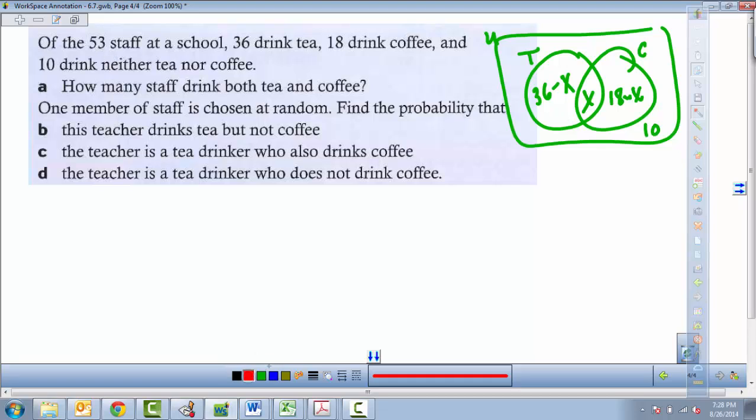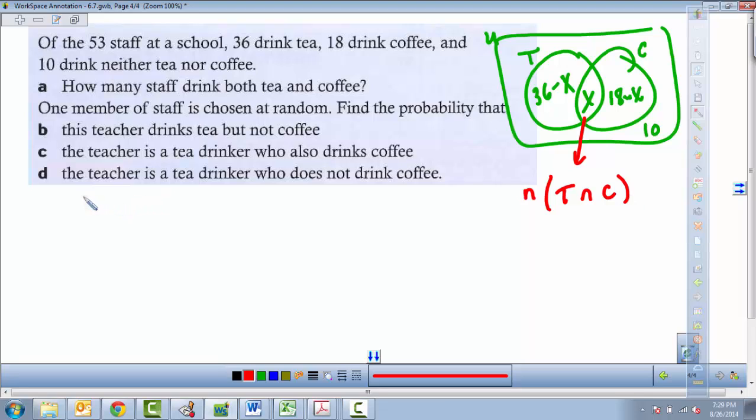One way to think of this x, using probability notation, would be the number of T intersect C. Whenever you're working with these problems, try to envision or figure out the probability notation for the different regions or probabilities that you're looking for.